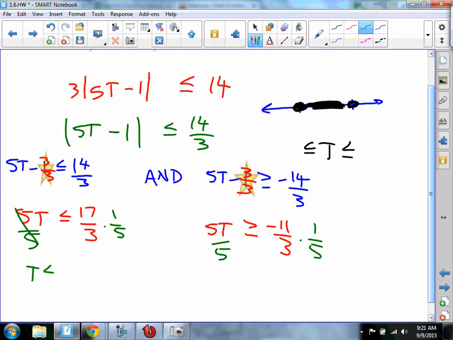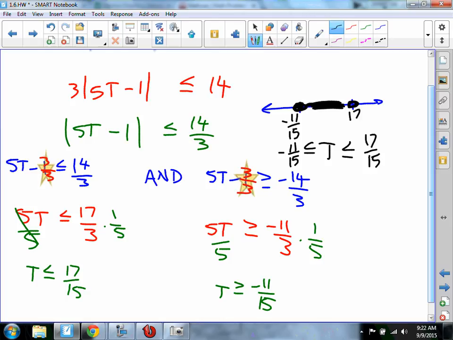I get t is less than or equal to 17 fifteenths, and t is greater than or equal to negative 11 fifteenths. Improper fractions are awesome, yeah.